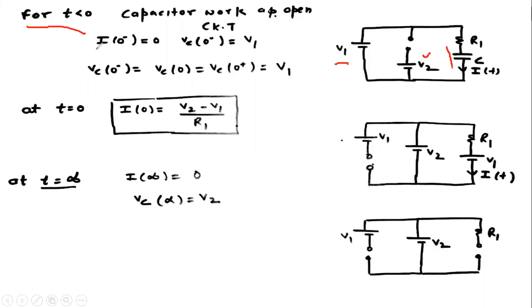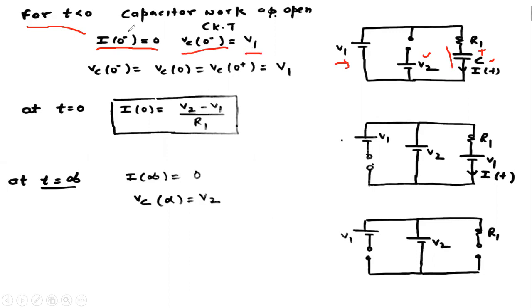So the value of current i(0 minus) is 0, because no current flows across the capacitor. When there is no current, the voltage across the capacitor is equal to the applied voltage V1. So vC(0 minus) becomes equal to V1.